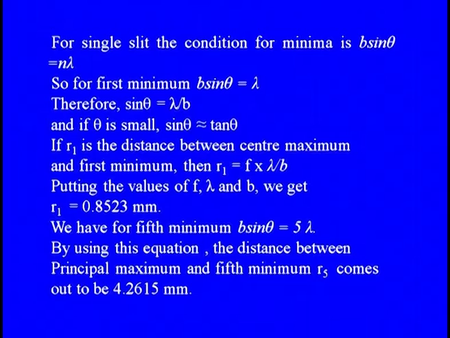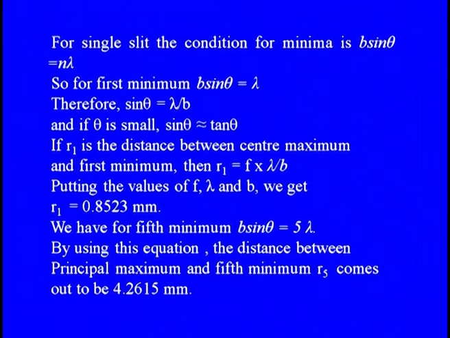If r1 is the distance between center maximum and first minimum, then r1 will be equal to focal length into lambda upon b. Putting the value of focal length, lambda and b in this equation, we get r1 is equal to 0.8523 millimeter.